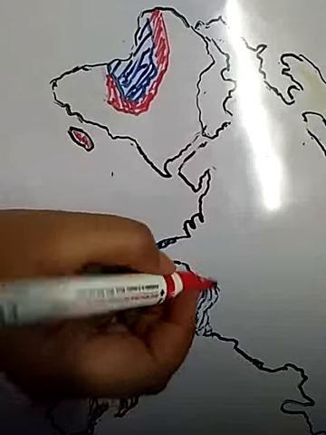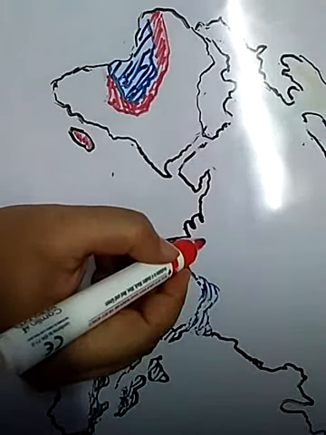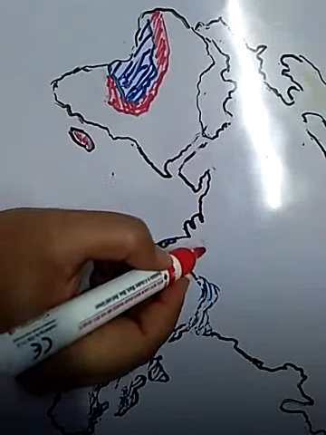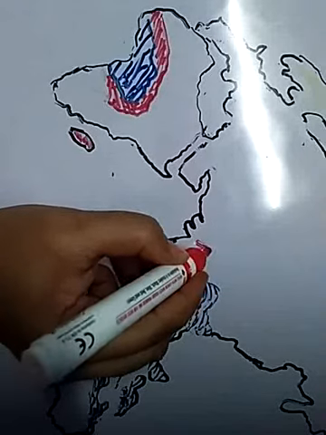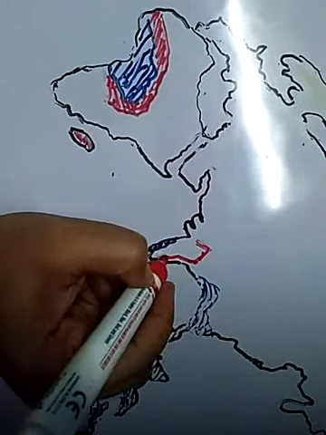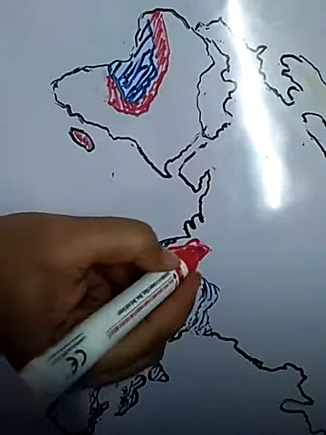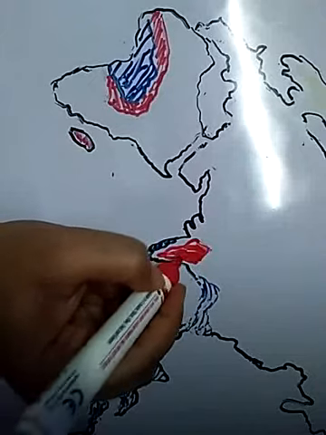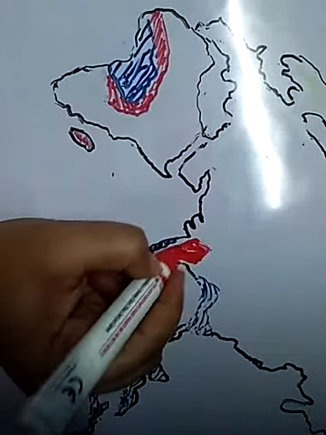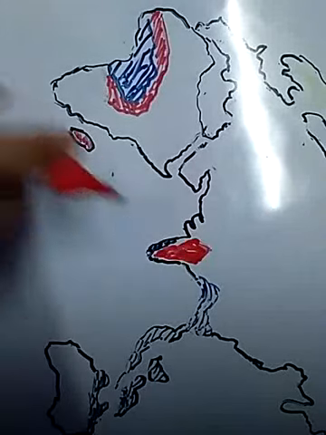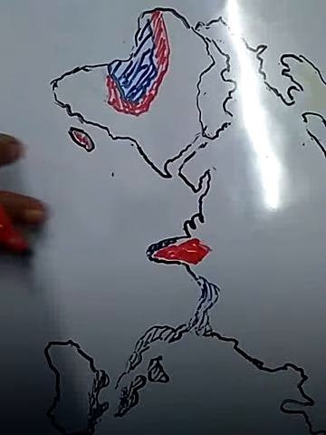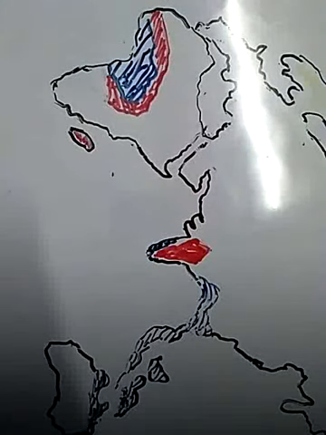In India, the tropical deciduous forests are the most widespread forest in our country. In India, here. This can be found over here. It is the most widespread forest of our country.